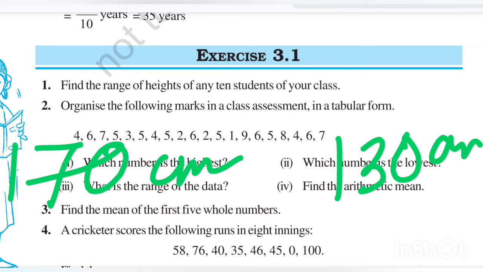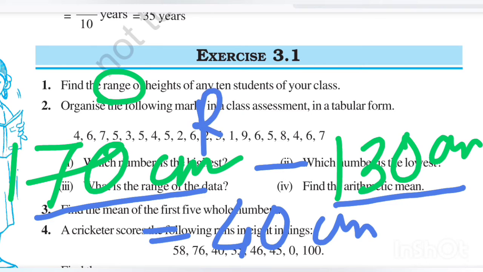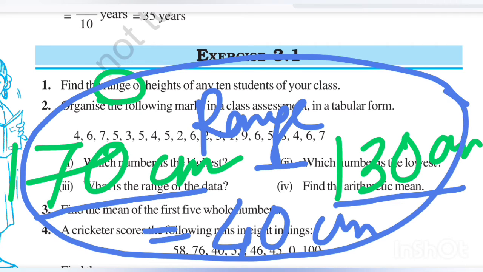Now what will be the range of their heights? As I told, the greatest one minus the smallest one, subtracting, we get 40 centimeter, which is the range of the heights of any 10 students of our class.